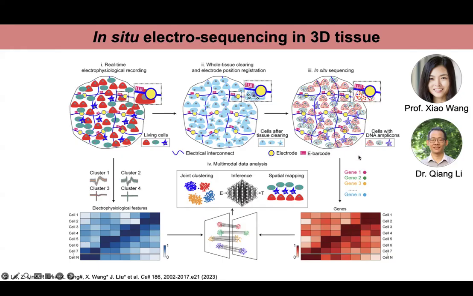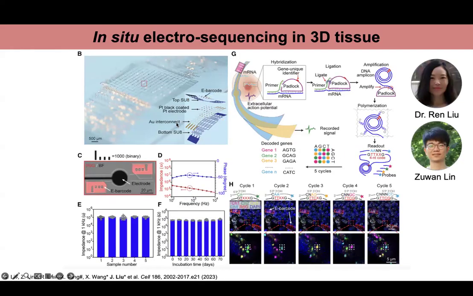Then the real question is how we know which sensor channel we are looking at and correlate it with the cell. To address this, we designed the so-called electronic fluorescence barcode. It's a piece of polymer with a unique structure that is indicated. For example, in this case, it's a binary structure that indicates the channel identity.